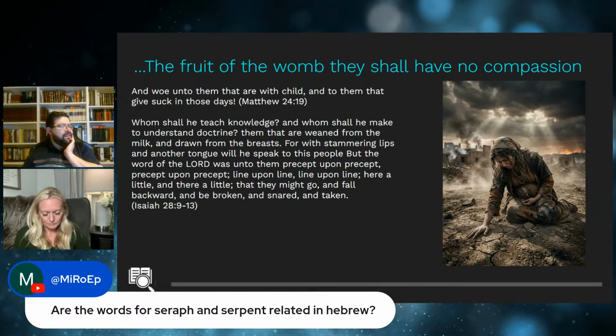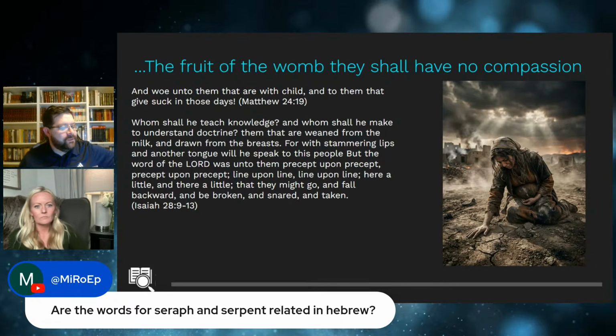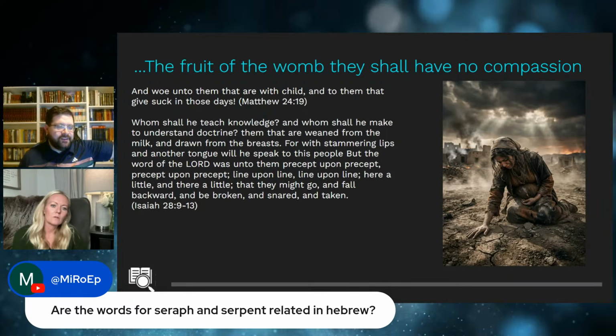Are the words for seraph and serpent related in Hebrew? Yes, the same word. The Nehushtan is the same Hebrew word for seraph and for serpent. Numbers 21, when the Lord is lifting the serpent, he's literally lifting a seraph.